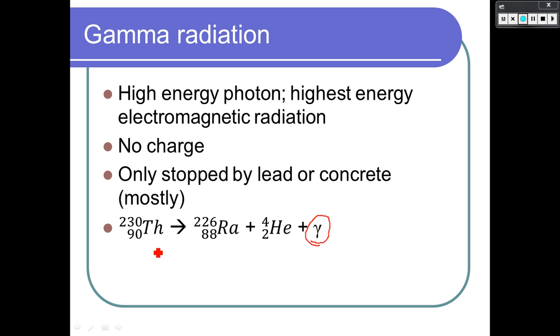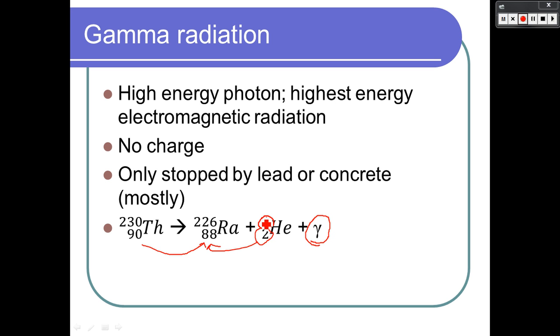And so here's thorium-230. Thorium, as you may remember from an earlier reaction that I showed you with alpha radiation, has 90 protons. And this is thorium-230. And thorium-230, by alpha decay, degrades into radium-226. So the 2 protons that were lost account for the 88, so that makes it radium.